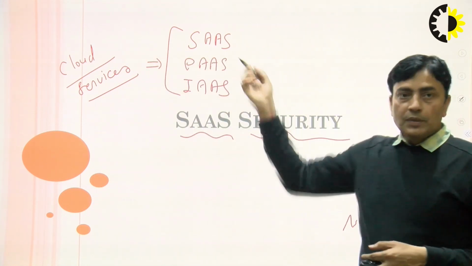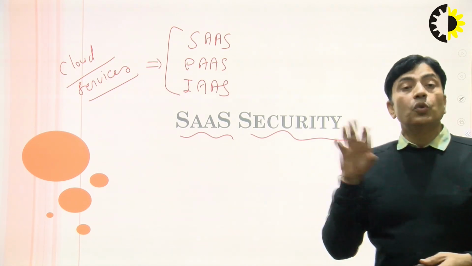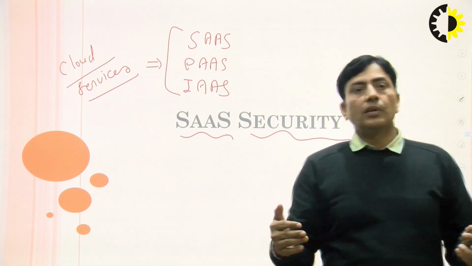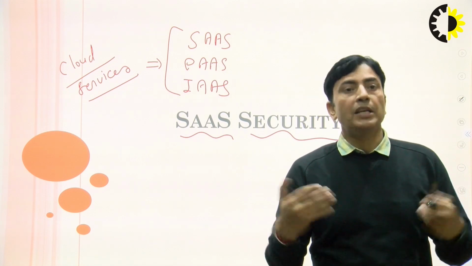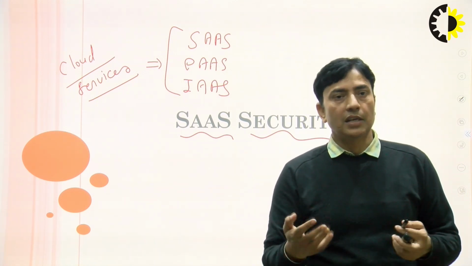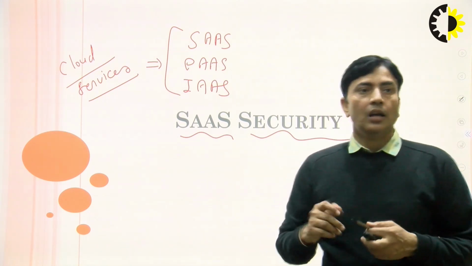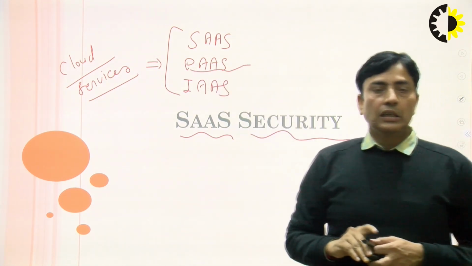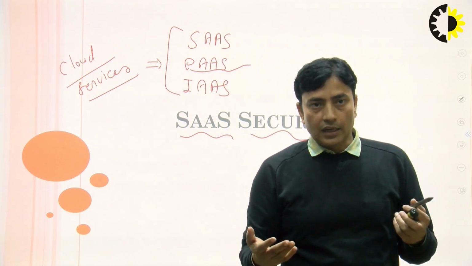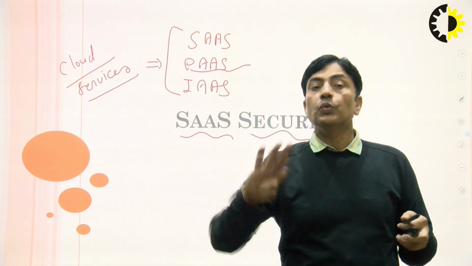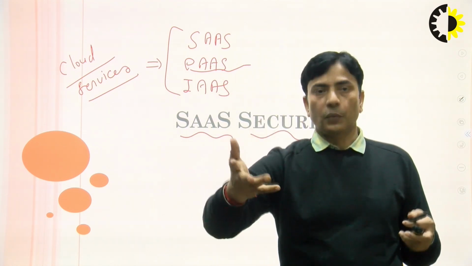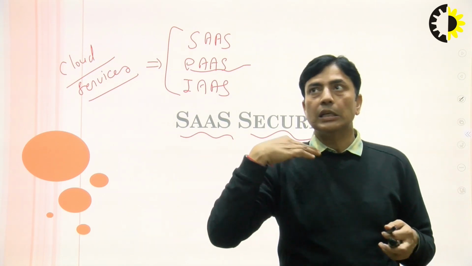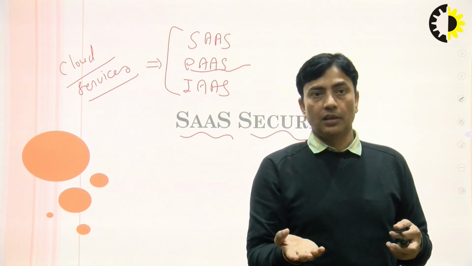SaaS means software as a service, meaning the resources are provided in the form of software and applications, like Gmail services. PaaS means platform as a service. That means the resources are granted by the provider in which you can develop your own software, and deploy your own software and applications.